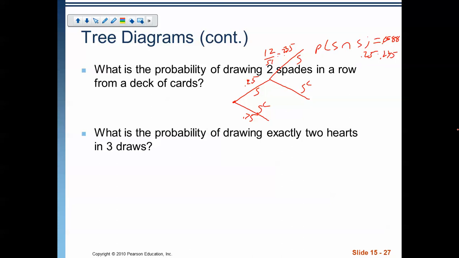Notice that we actually didn't have to fill out the entire tree diagram for this, right? I just went down the tree branch that I knew I had to go down: spades and spades. The only possibility of drawing 2 spades was to go spades and spades. So I didn't bother calculating the rest of these. We could, right? Spades and not spades. This is going to be the complement of 0.235. 1 minus 0.235 is 0.765.